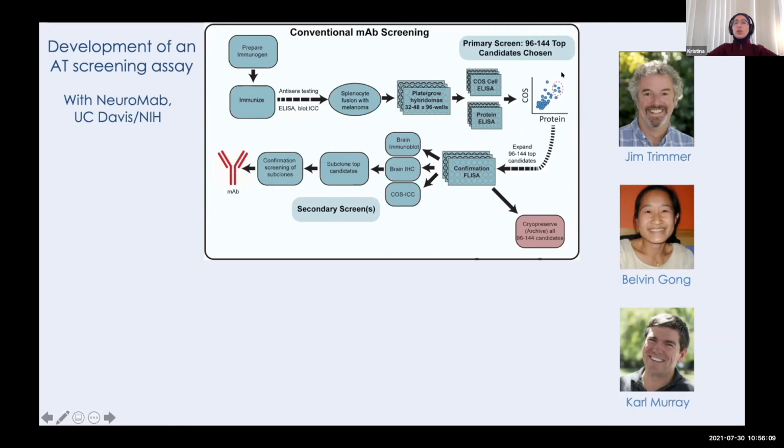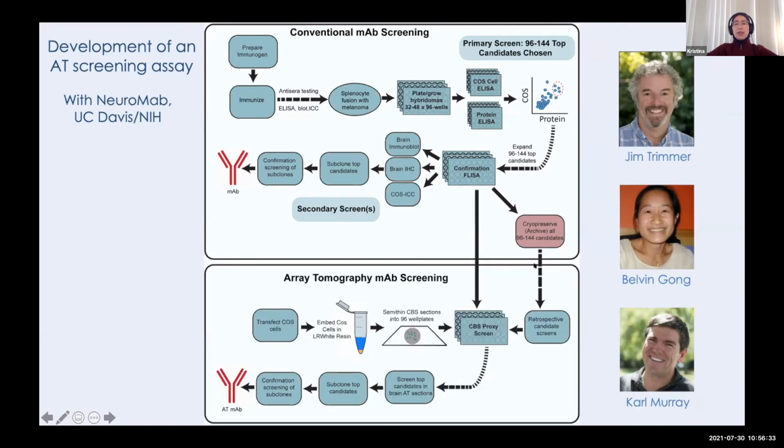And then they would choose the clones that scored the highest on both assays, and then test them on a number of different tests, which are the most useful for most people, like brain immunoblot, brain immunohistochemistry, or again, COS cells. And the top candidates from these assays will become the final antibody that is produced and distributed. Well, now the idea is, let's incorporate also the array tomography, the screening on sections embedded in resin.